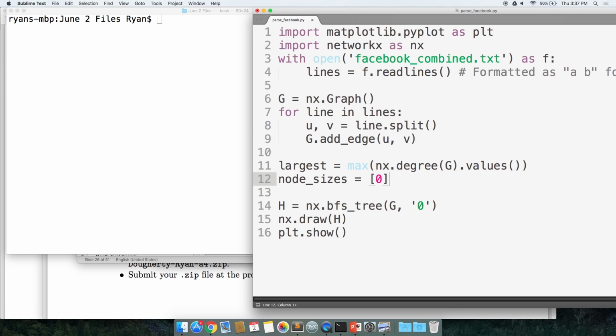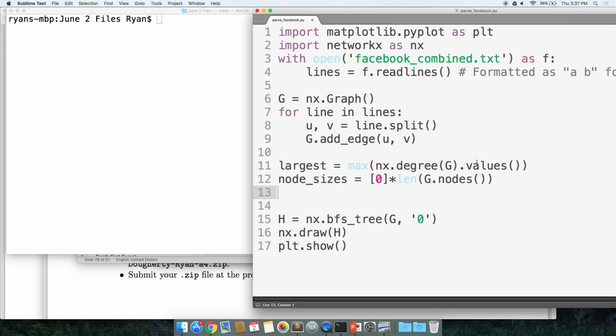Use the overloaded star. Exactly. So 0 times the number of vertices in the graph, which is just the length of the nodes. Basically, I'm finding the number of vertices in the graph and making a list that contains just 0 that many times.